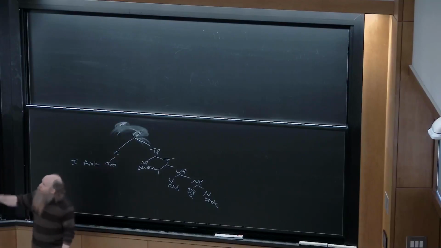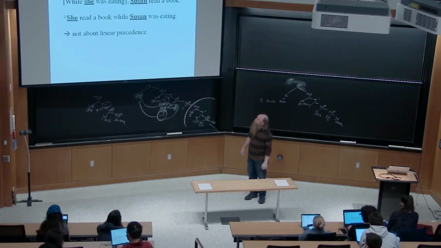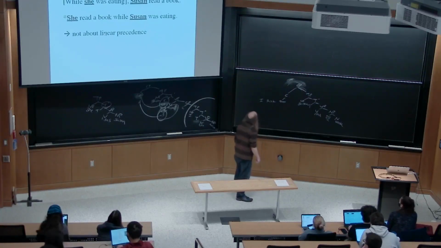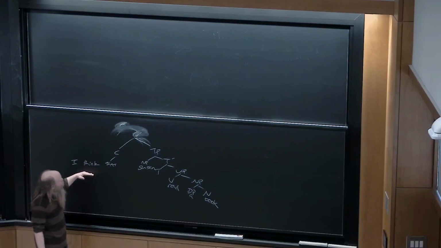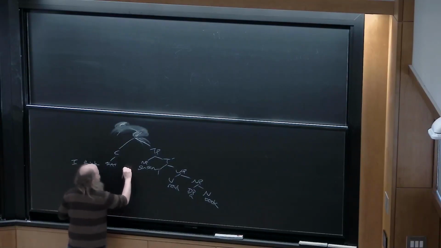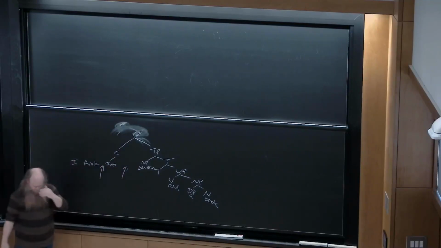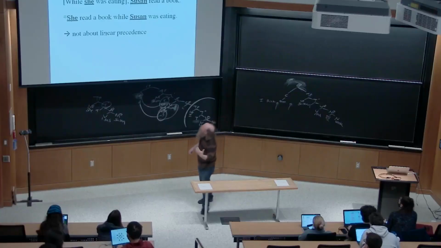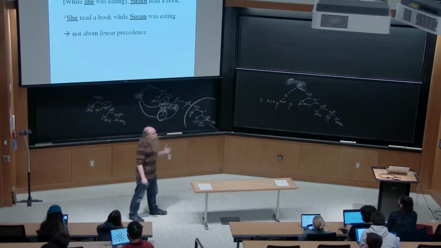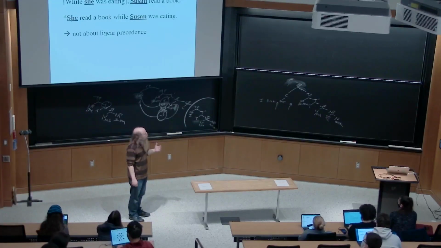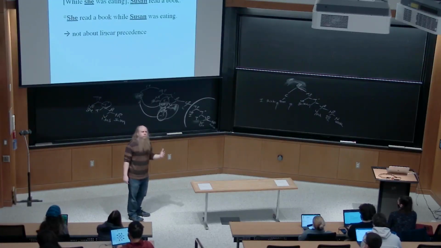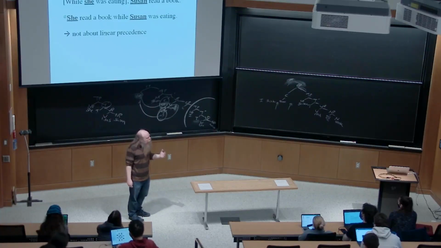And if we were going to add this adjuncty clause to the beginning of the embedded clause, while she was eating, let's think about places to put it. If it's going to be before Susan, we could ask, does it go here or does it go here? So I think that while she was eating, Susan read a book, is something that we can say. I think while she was eating that Susan read a book, does not mean the same thing. There's something wrong with that.